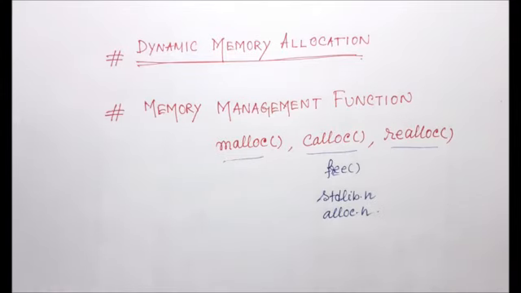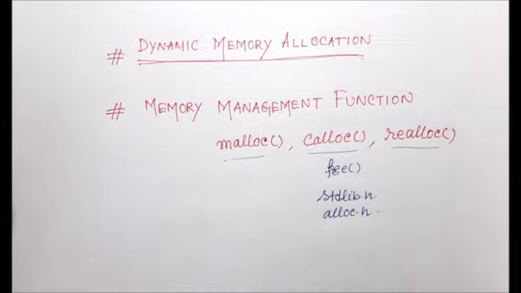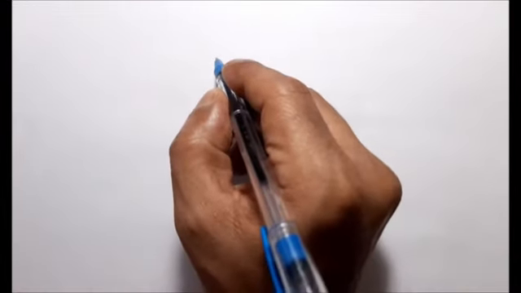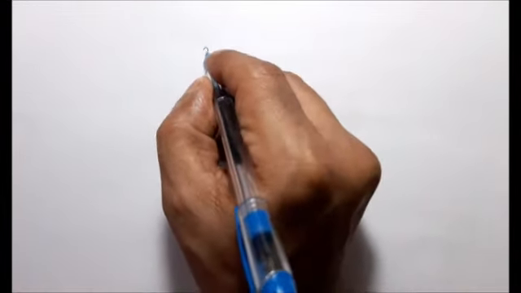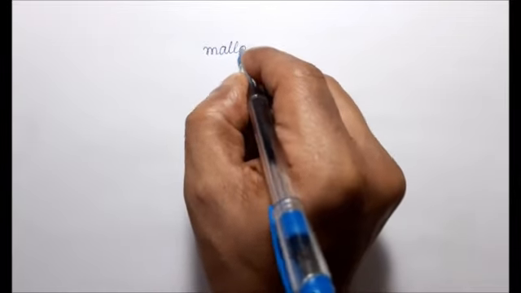Let me consider the first one. First, let's talk about malloc. What does it mean? Why is it used? Malloc is the most frequently used dynamic memory allocation function. By the syntax of this function, first we write malloc. Malloc stands for memory allocation, which is used frequently in our dynamic memory allocation programs.